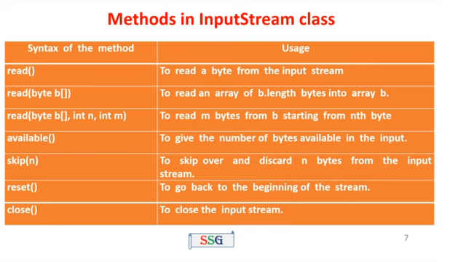Skip(n), where n is an integer variable, is to skip over and discard n bytes from the input stream. For example, skip(5) means the cursor moves ahead, skipping the next 5 spaces. The next one, reset, to go back to the beginning of the stream. Close means to close the input stream.